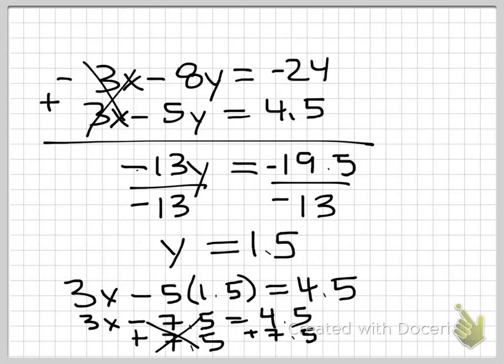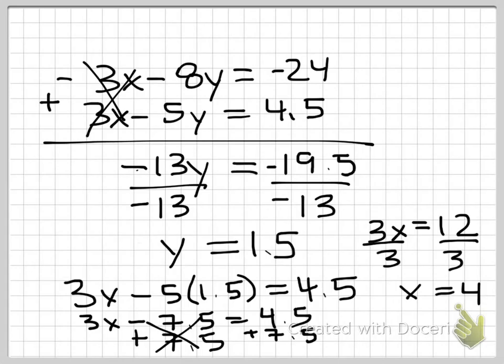Combine like terms. So x would be 4. Since we have the x and y values, we're going to write this as an ordered pair. 4, 1.5, or x comma y.